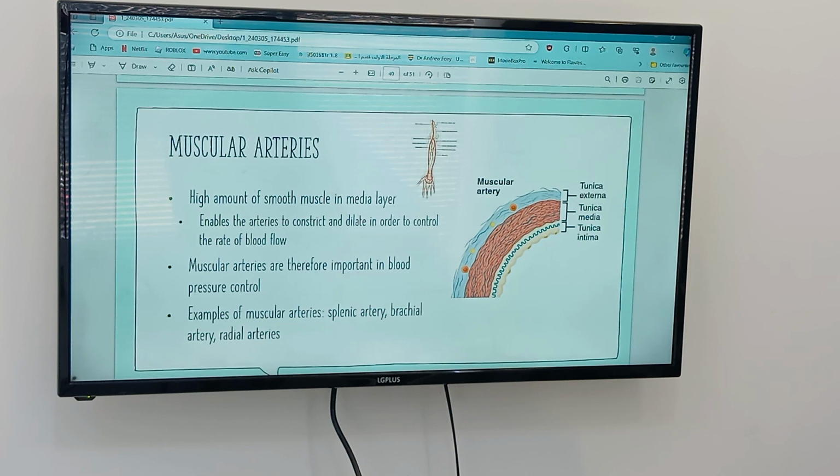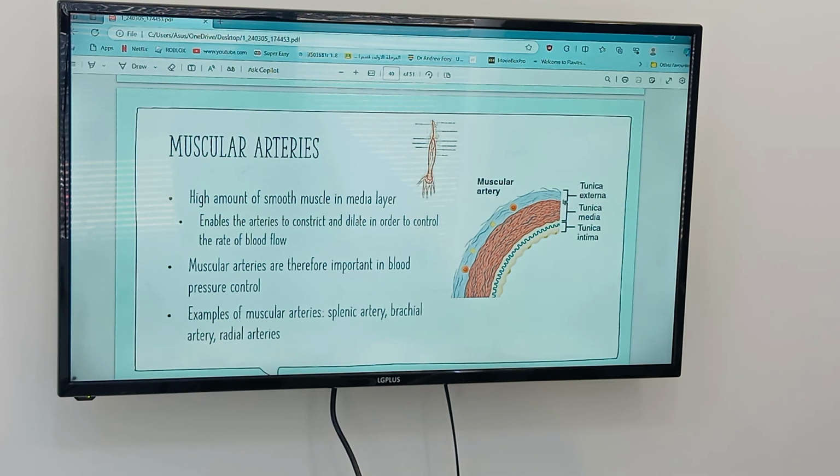Muscular arteries, the arteries that belong to the muscle. The features of these arteries, we can see by making a transection of the artery.